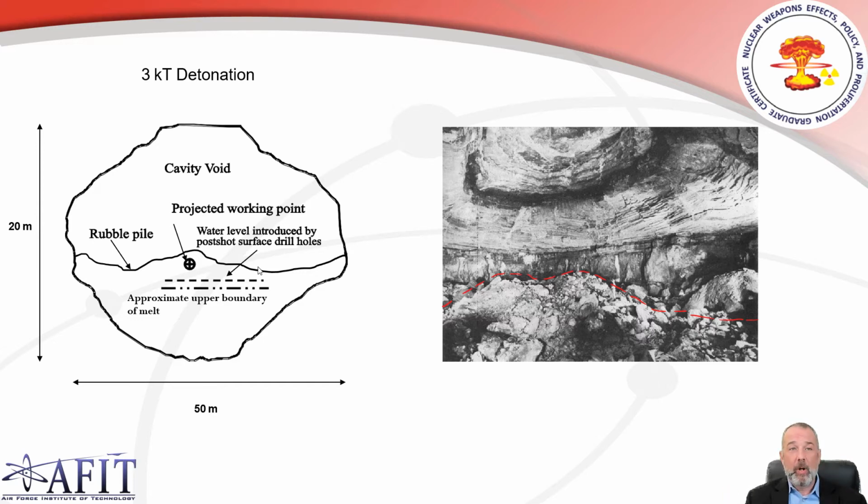When you drill holes for stuff to get out, obviously stuff can get in, and water is one of those things. So water finds its way down through these holes, and until those holes are plugged, will fill up to a certain portion of that rubble pile that we see in both this diagram and the picture.